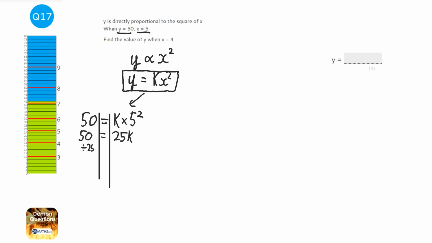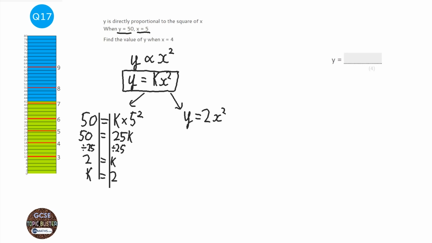Divide both sides by 25. And 2 equals k, or k equals 2. So we found out what k is. So we'll go back to our formula, and we know that y equals 2x squared. The reason we know that is because k is constant, it won't change. So if it's 2 for that situation, it's going to be 2 across the board.